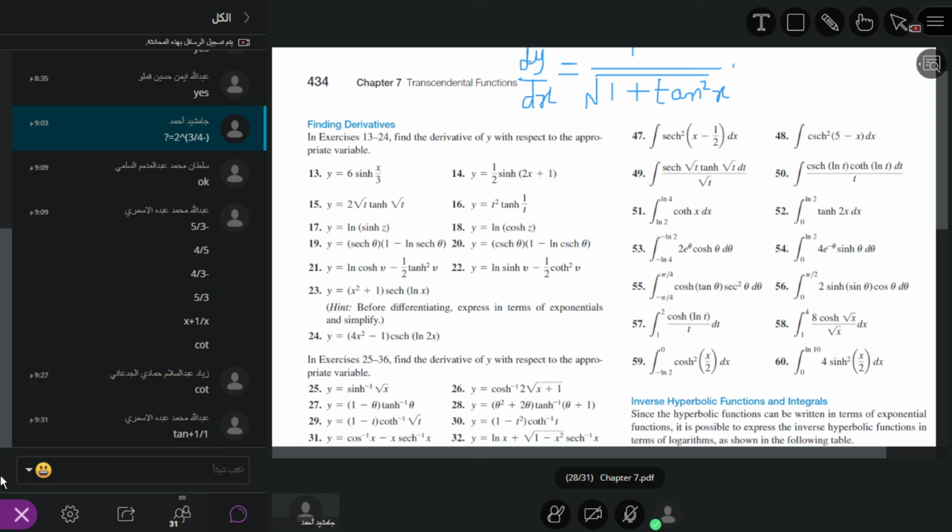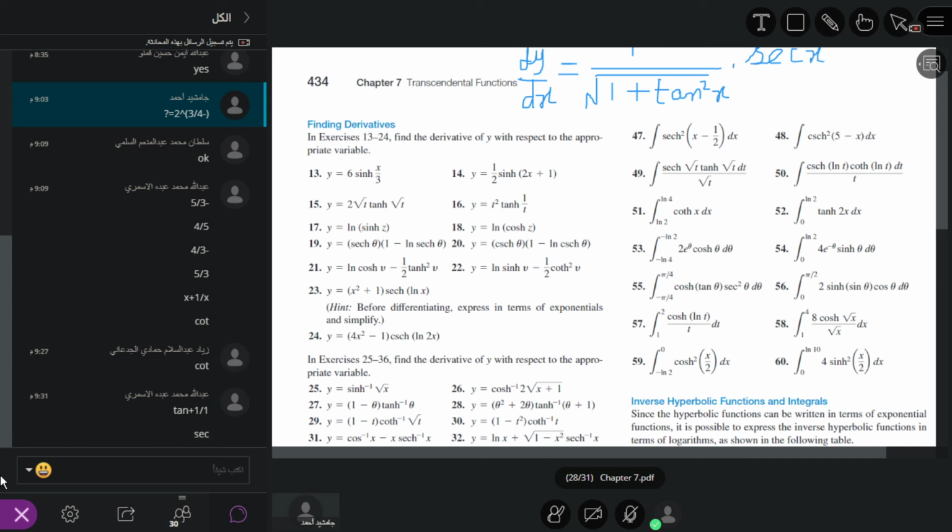What is the derivative of the angle? What is the derivative of tan x? It is equal to sec square x. So we have here sec square x.